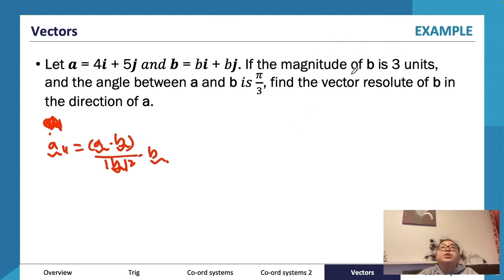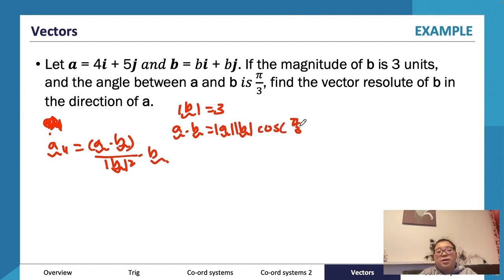So if the magnitude of B is 3, and the angle between A and B is pi on 3, then looking at this part, A dot B will equal the magnitude of A, magnitude of B, cos pi on 3.